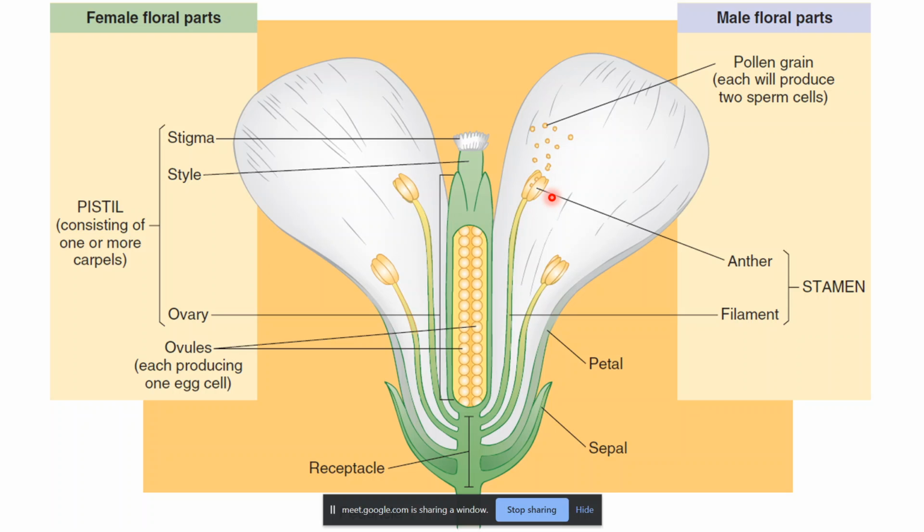So unlike in animals, the pollen grains have 2 sperm cells. You already know about that from the lecture, but we will remind it later. That is because of the double fertilization.